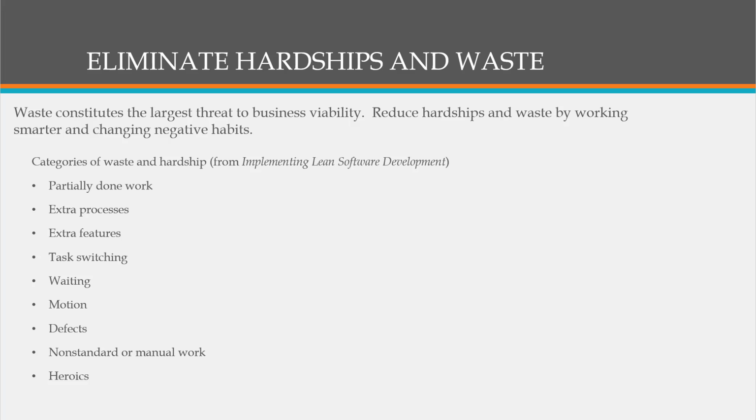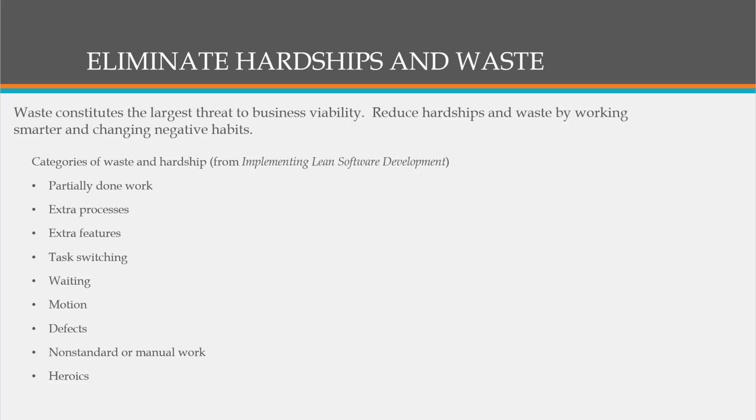Things such as partially done work, extra processes, extra features, task switching, waiting, motion, defects, non-standard or manual work, and heroics. Oftentimes in companies, workers will do what they can to make all these processes come together, and they'll stay up long hours or do things in a manual way that really takes too long.